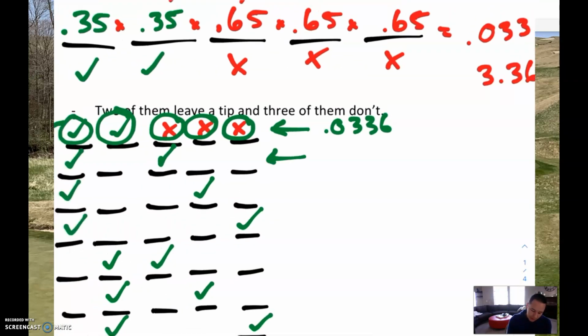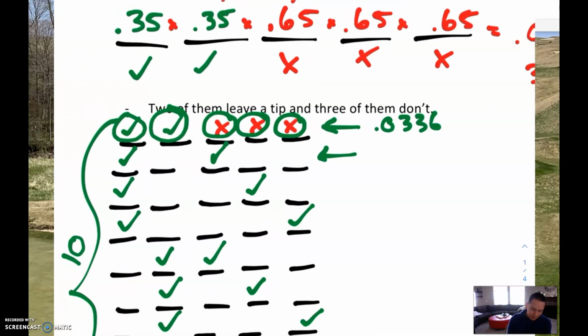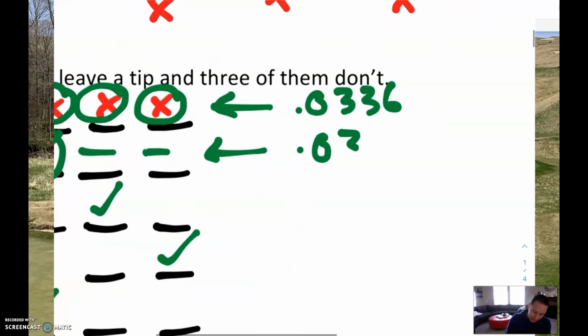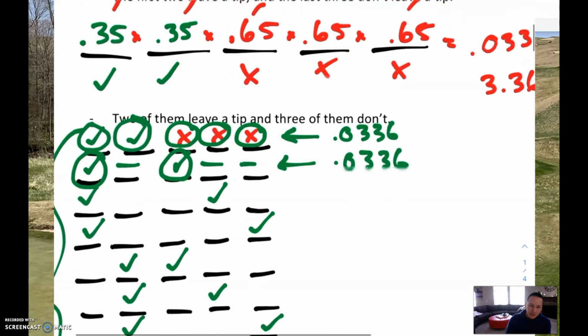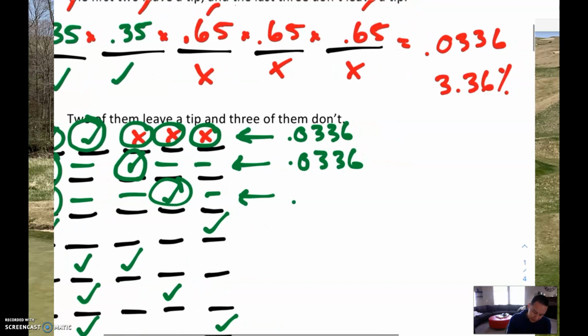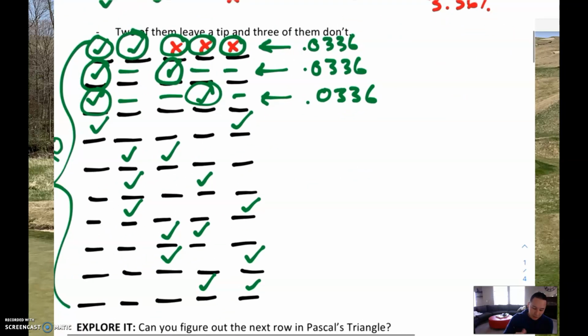And the probability of this row happening is a 35%, and all of these other ones are 65, which, if I multiply them, will be the exact same as that top row, 0.0336. Similarly, this is 35, this is 35, all the other ones are 65s, and multiplied together, it's 0.0336. Every single one of these will have a 3.36% chance of happening.